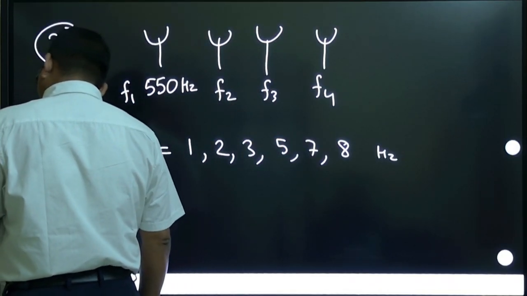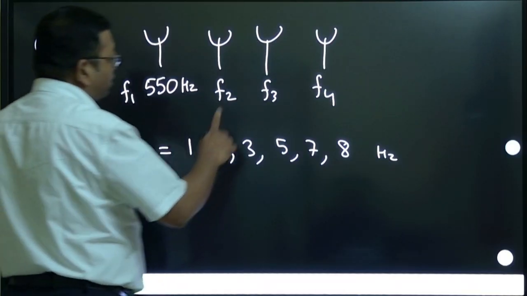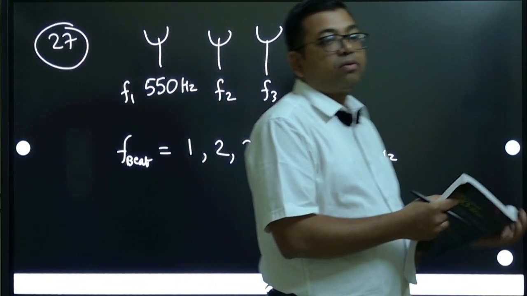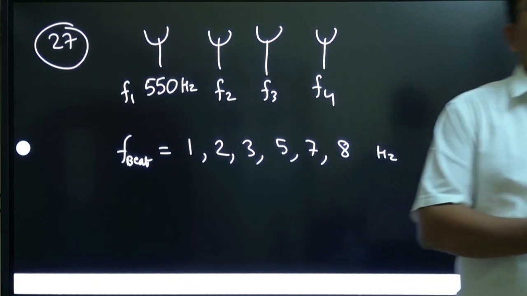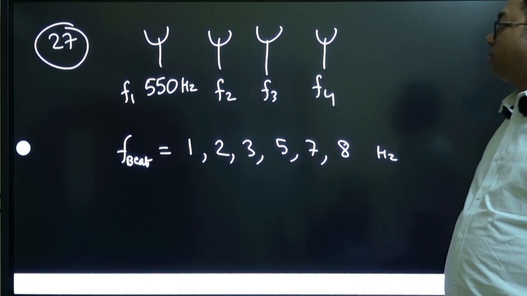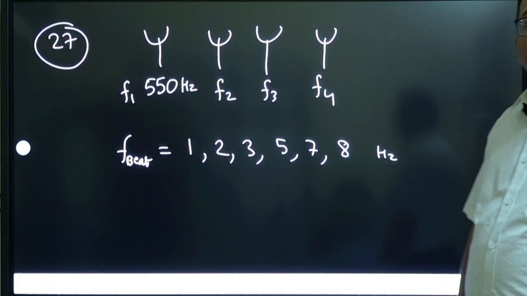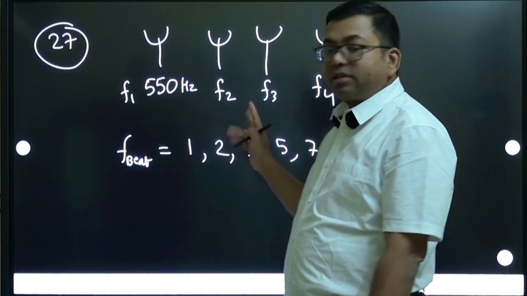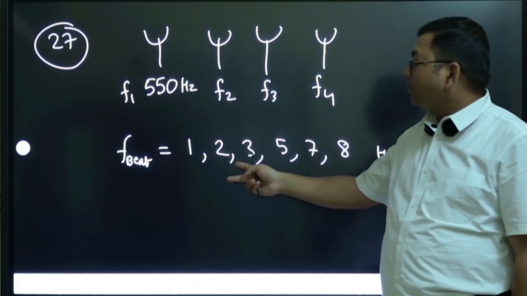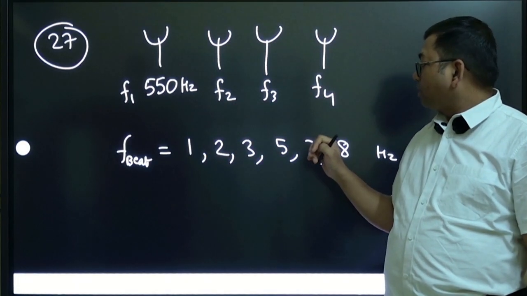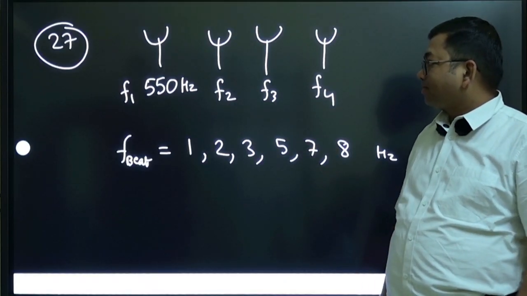What are the possible frequencies of f2, f3, f4? Think about it. Possible means differences, so the differences must be 1, 2, 3, 5, 7, 8.